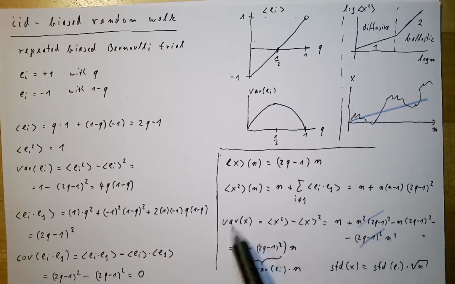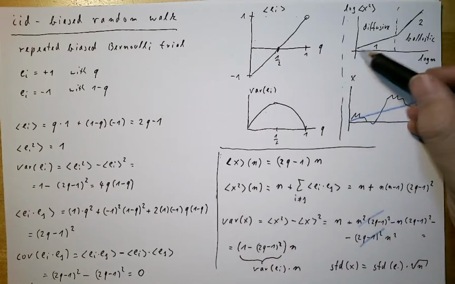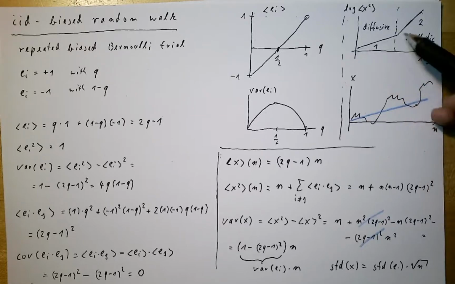If we do this correctly and calculate the variance, then we see we still have diffusion, and the scattering around the blue curve, around the mean, just follows diffusion. But if we had instead just calculated the second moment, we would have seen a transition from a diffusive to a ballistic movement.